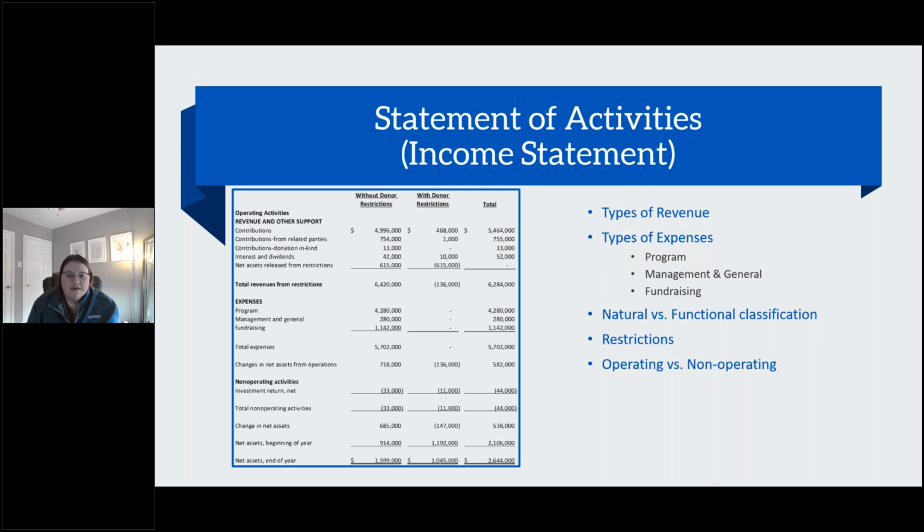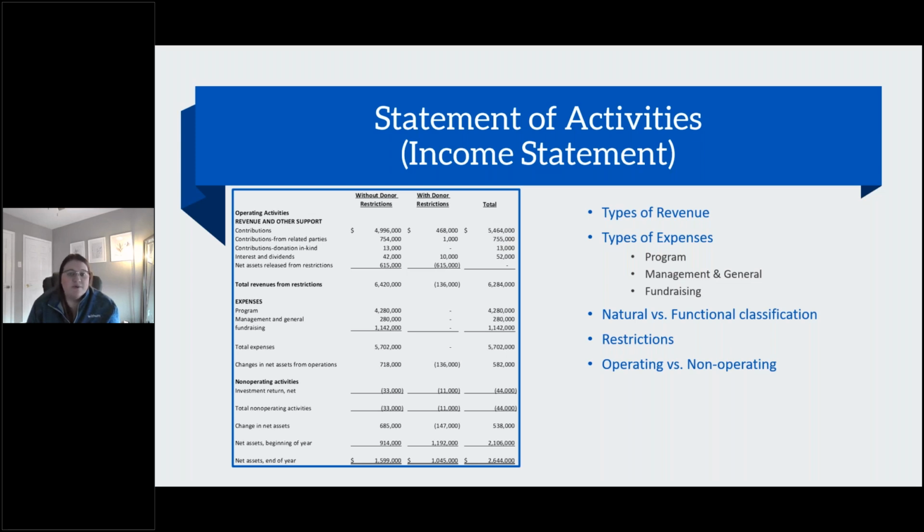So this would be things like your membership dues, your tuition fee, depending upon the organization. And then you'll also have your investment income or any other revenue streams that you may have as an organization. Below that, you'll have your expenses, and you'll see here this is divided into 3 buckets: program, management and general, and fundraising, and will relate to your statement of functional expense, which we'll touch on shortly after this, but just some definitions more so.